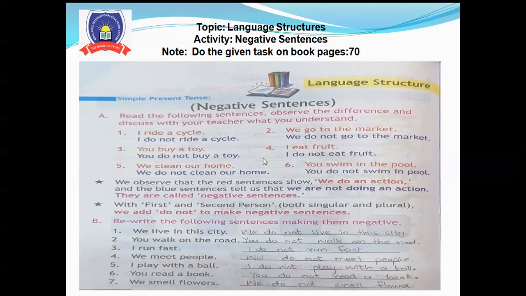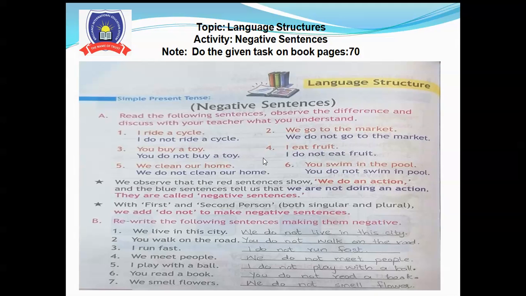I am giving you a lecture, so I am the first person, and you are listening to me, so you are the second person. Whenever you see first person or second person used in a sentence, you simply put do not to make it a negative sentence. So, here is an exercise.